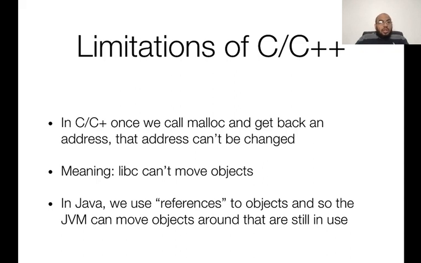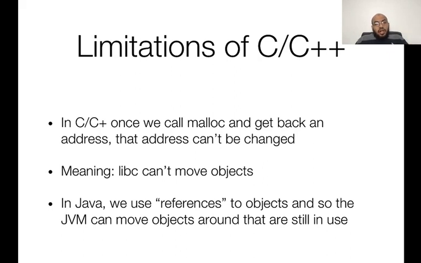Once you call malloc and get back an address, that address cannot be changed. That is the address of the variable, no longer changeable. So libc cannot move objects. Once you get allocated a chunk in the heap using malloc, you cannot move it.